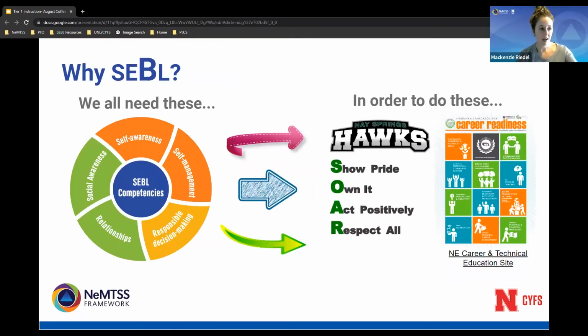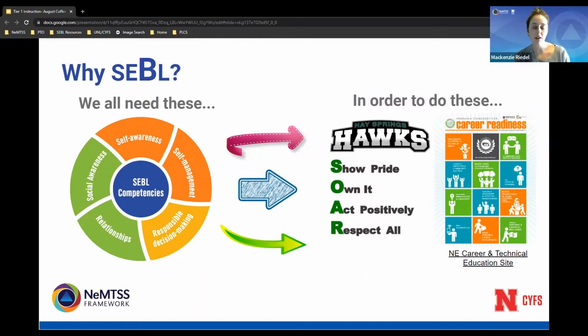So when we started with Nebraska NeMTSS, we included the B in the SEL. A lot of people call it SEL and then they talk about behavior, but we know that they're very interconnected because if our students don't have those social skills and they're not taught those skills, they're going to have a hard time meeting those behavioral expectations.